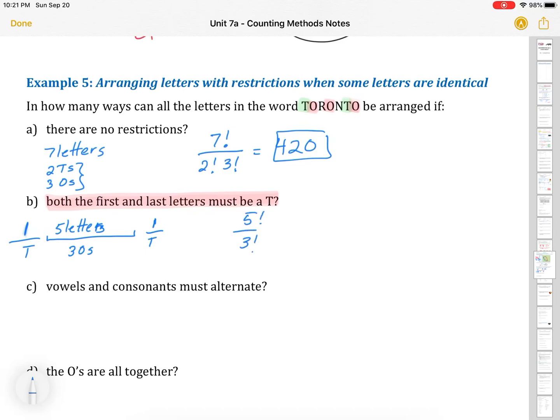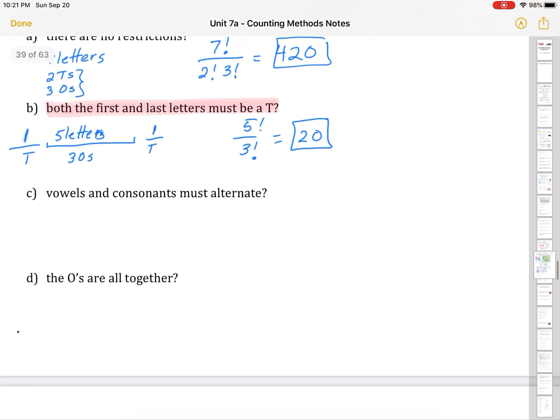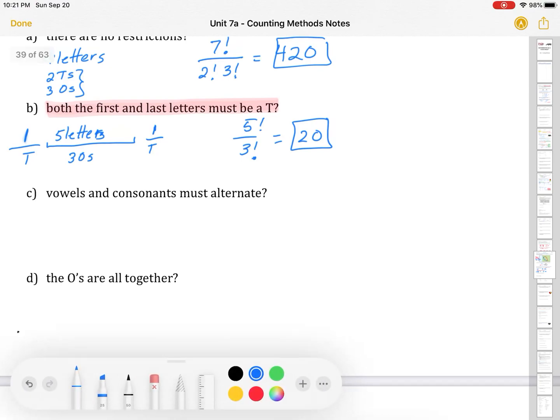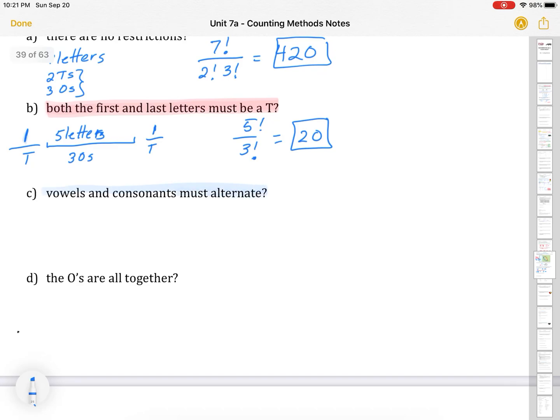In the middle, we have 5 letters. We still have those 3 O's. So for the middle, we'll have 5 factorial over 3 factorial, which will equal 20. But we take the T out of the consideration because we've used those as a restriction.